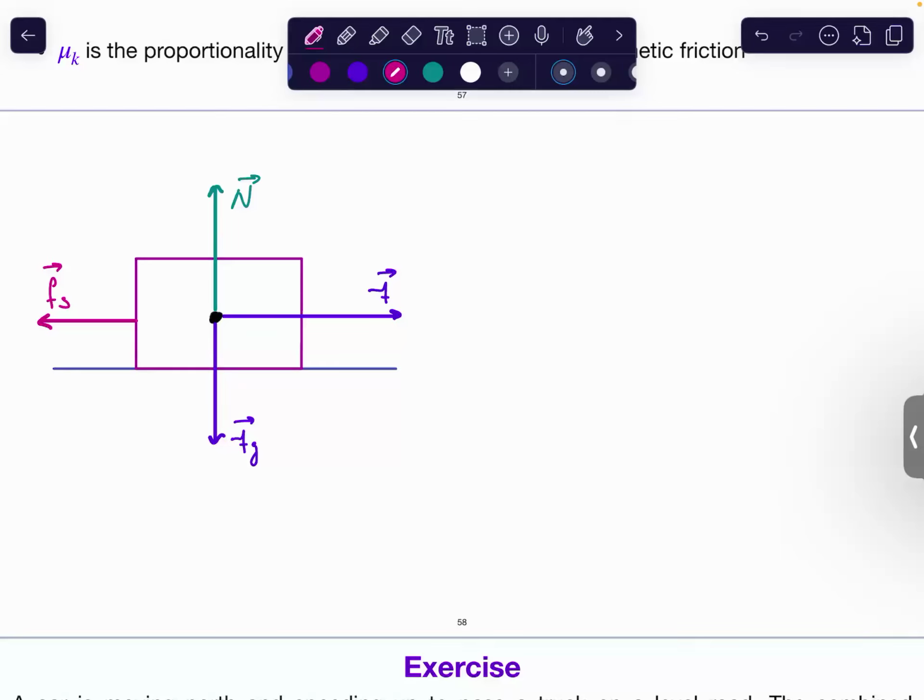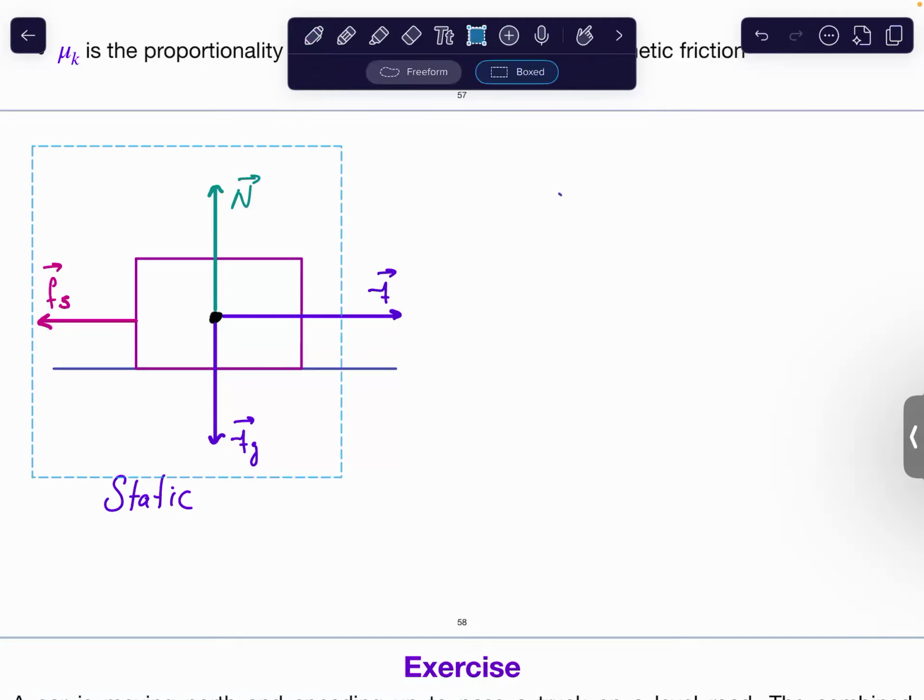But you have a friction force, a static friction force, that is preventing this object from moving due to the applied force. That's our static system. The system is going to look the exact same way. Well, so let's just make it easy.